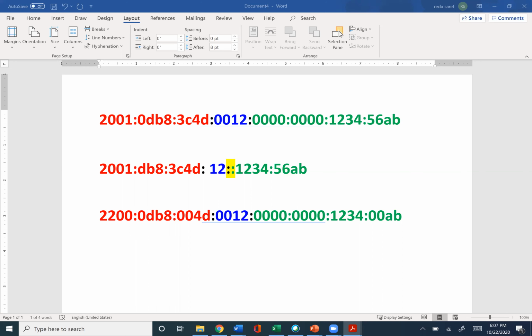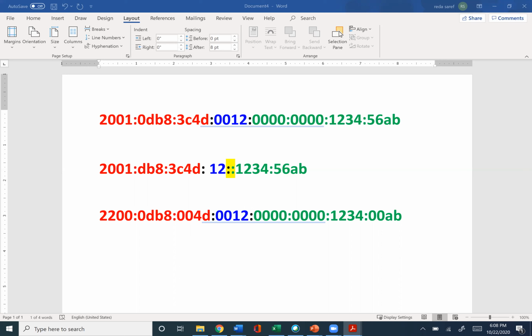Okay, so the rules are what? Every leading zero could be taken off. And the second rule is every consecutive, every continuous set of zeros could be represented by a double colon.